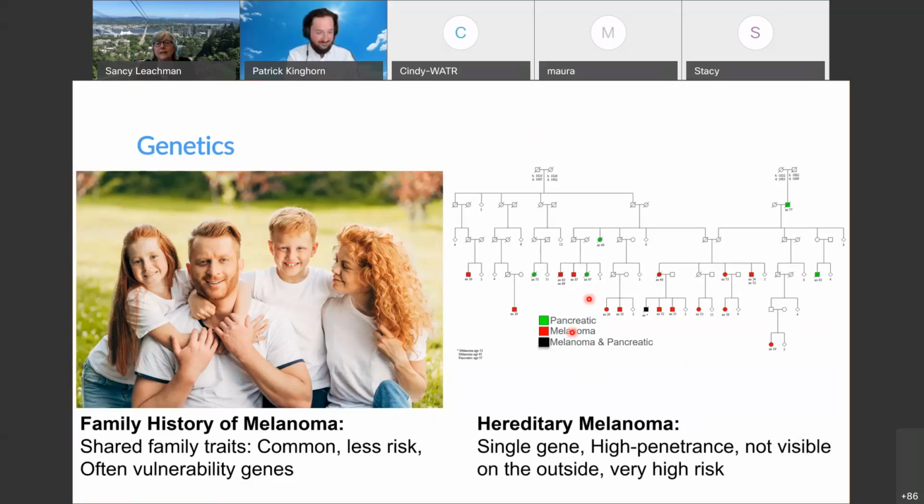The pancreatic cancer is in green, the melanoma is in red, and here this individual had both. And so you can see that it's an autosomal dominant effect. So if you get one copy of this, it gives you that really elevated high risk, and the risk is about a 76% chance that you're going to get a melanoma if you live to be 82, 84 years in that family.